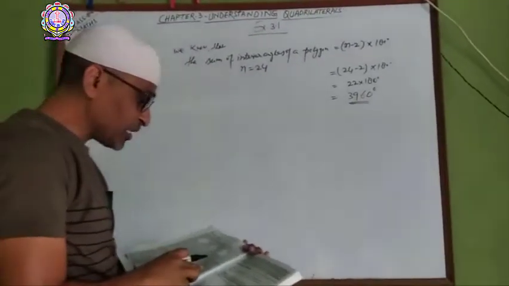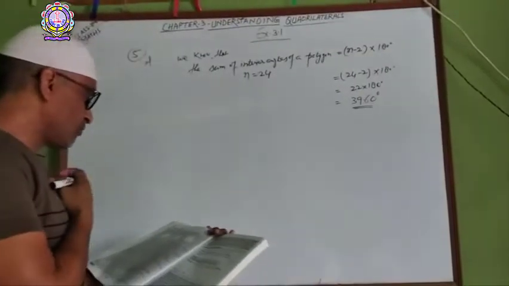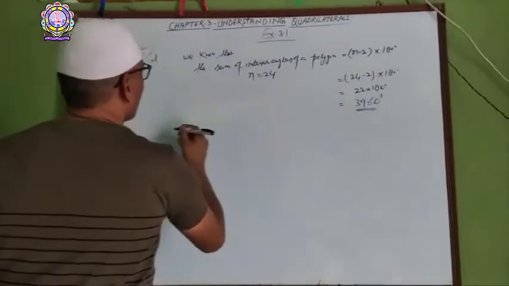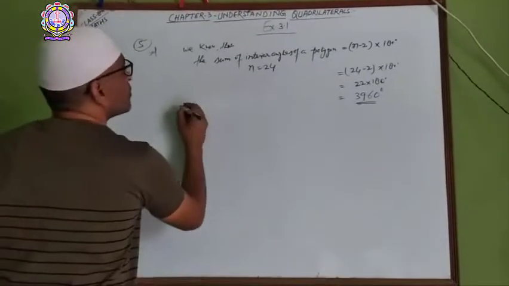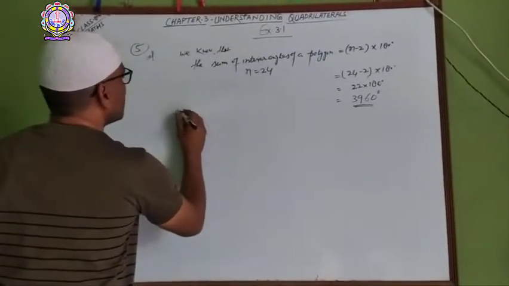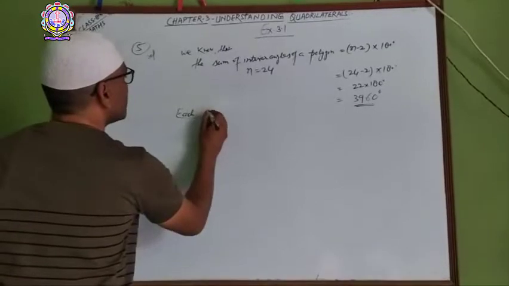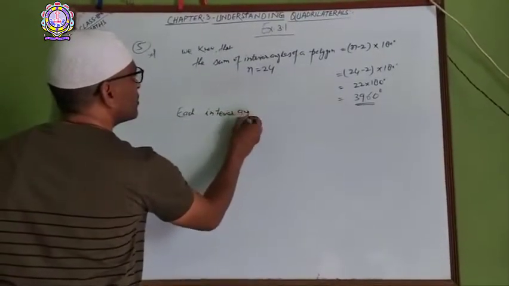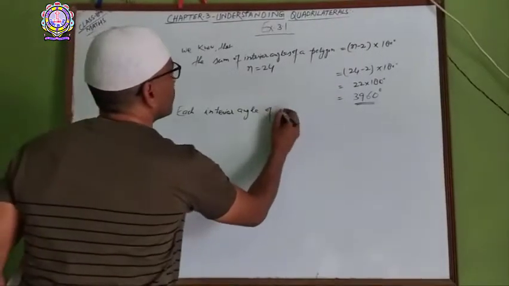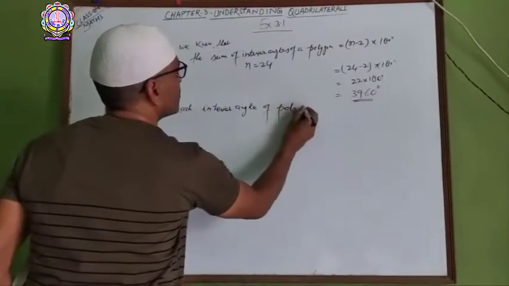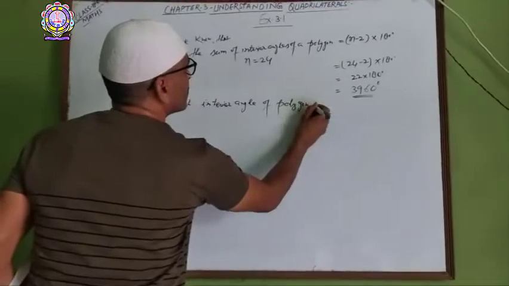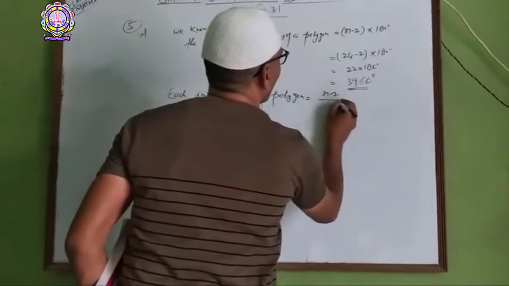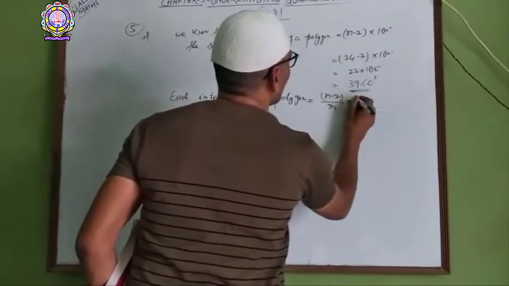and obtain the measure of each interior angle of the polygon. Okay, each interior angle of the polygon. You know the formula for each interior angle. Each interior angle of a polygon is equal to (n minus 2) upon n into 180 degrees.